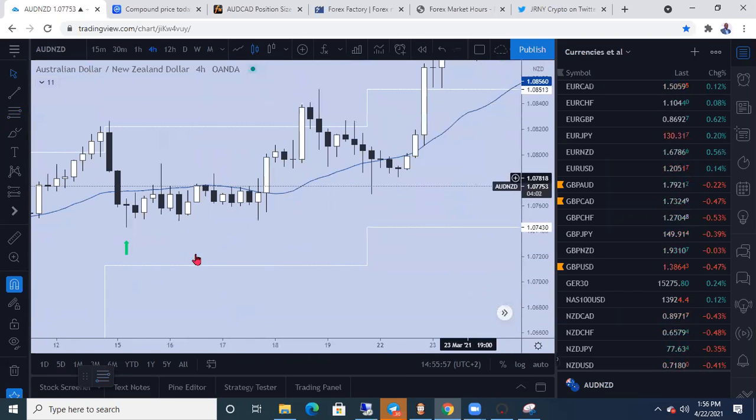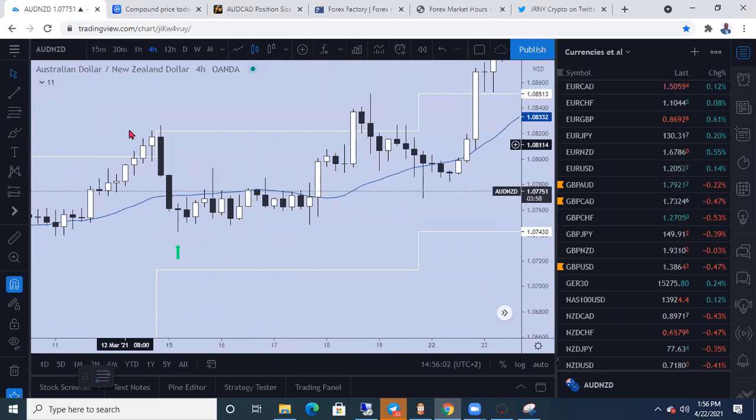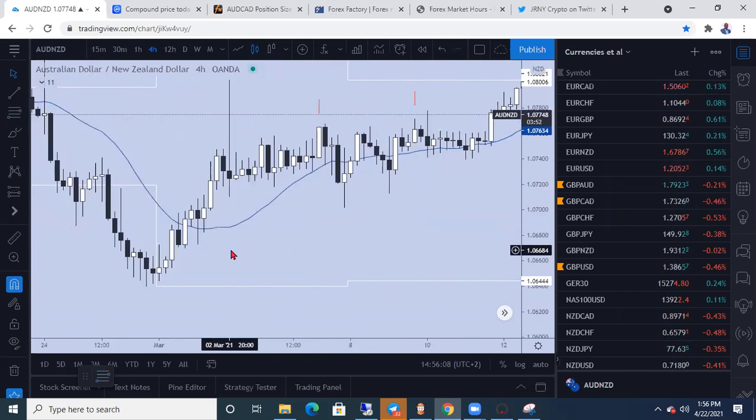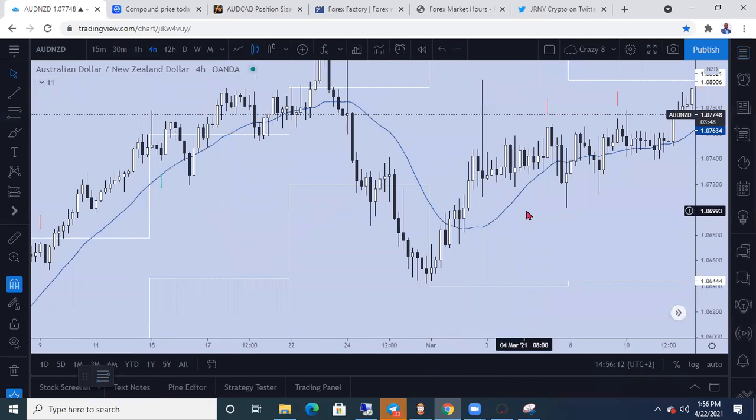Right, so let's continue the push. So here we see price taking out the previous week, but they didn't really go too far.